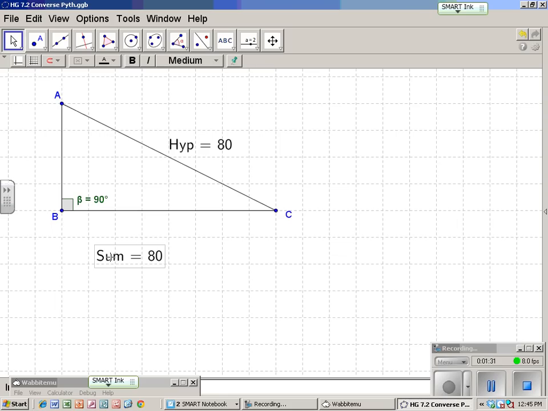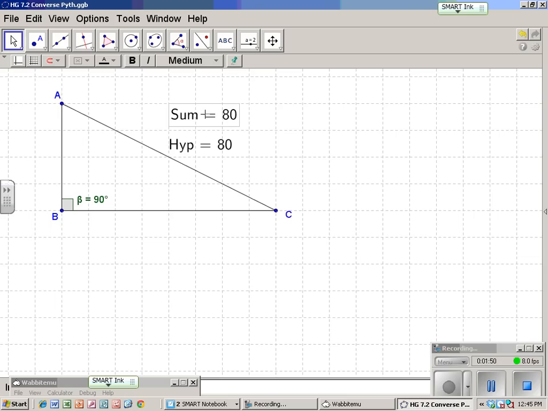Sorry, I said degrees, didn't I? Not degrees. The sum of the two legs squared is 80. This hypotenuse squared is 80. Because those things are equal, we have a right triangle.